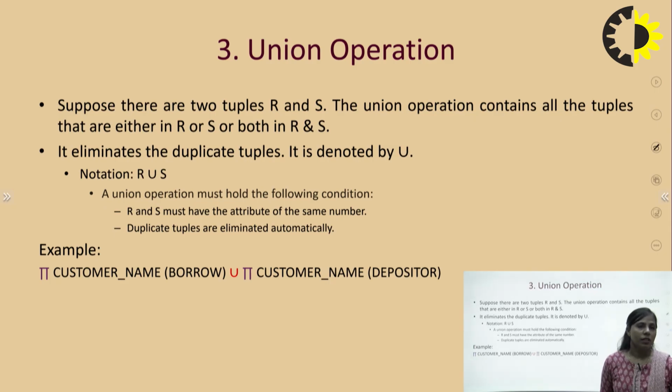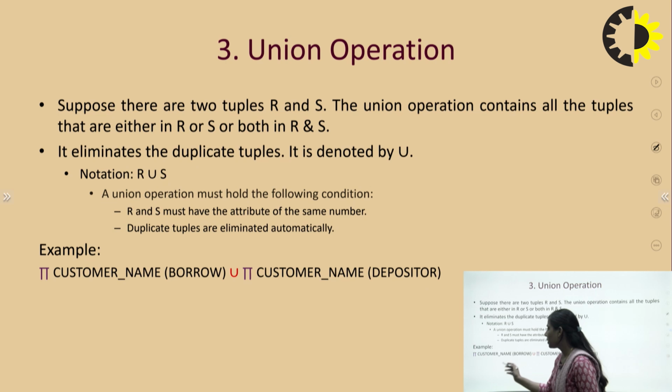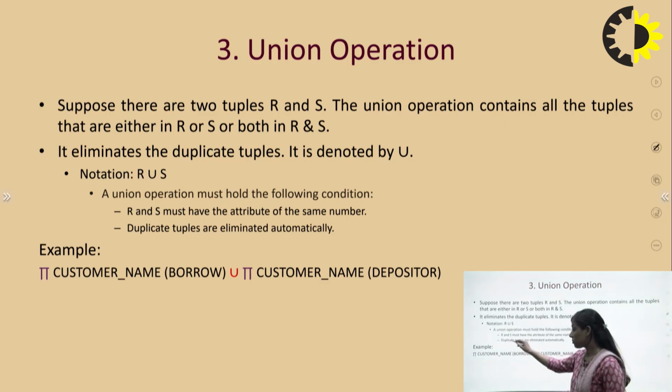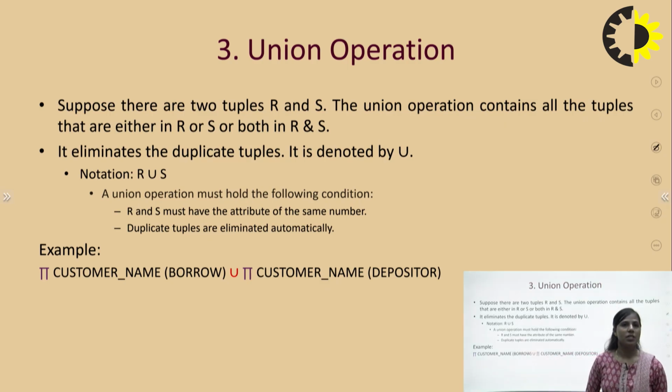The union operation will combine all the tuples in R and S. So this is how we are using it. We can see it by the example, but the main condition is that it will delete the duplicate elements. Like the previous example we had seen, it will automatically delete the duplicate values.